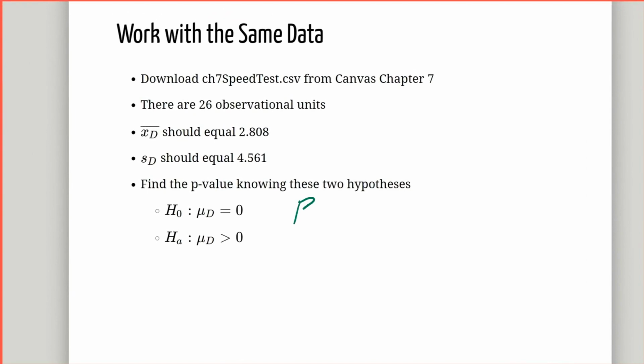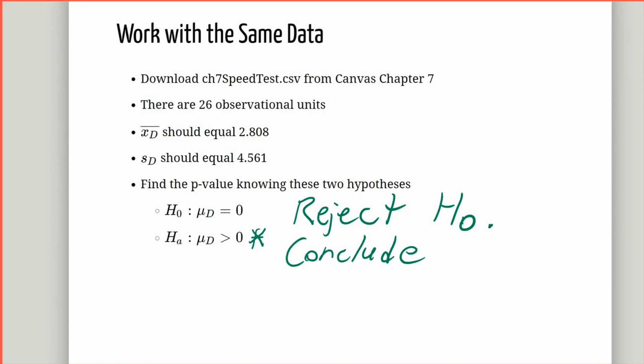So if we reject the null hypothesis, we're going to conclude the alternative hypothesis is true.